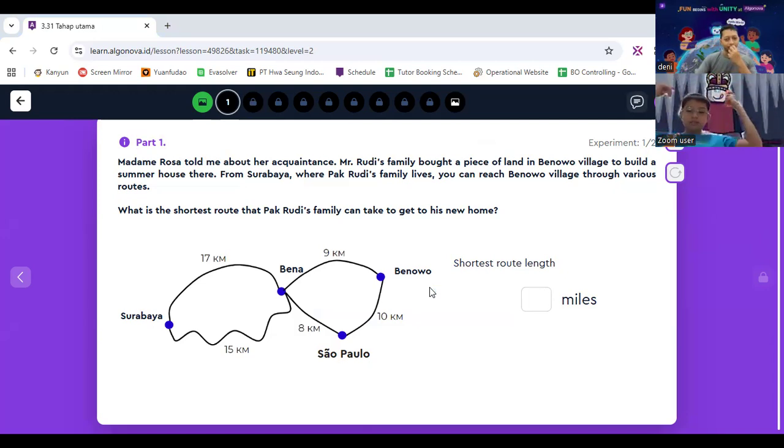What's the answer for this? What's the answer after that? Come on, what's the answer? The short distribution.